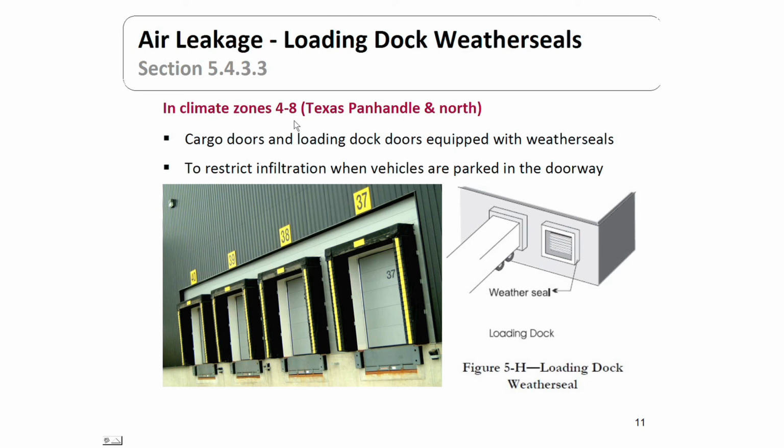So we do have some of the requirement in Texas, that is up in the Panhandle. This applies to cargo doors and loading dock doors. They have to be equipped with weatherseals that close around the back end of a trailer truck as it backs up to the door. This prevents air infiltration when vehicles are parked in the doorway and the doorway is opened.